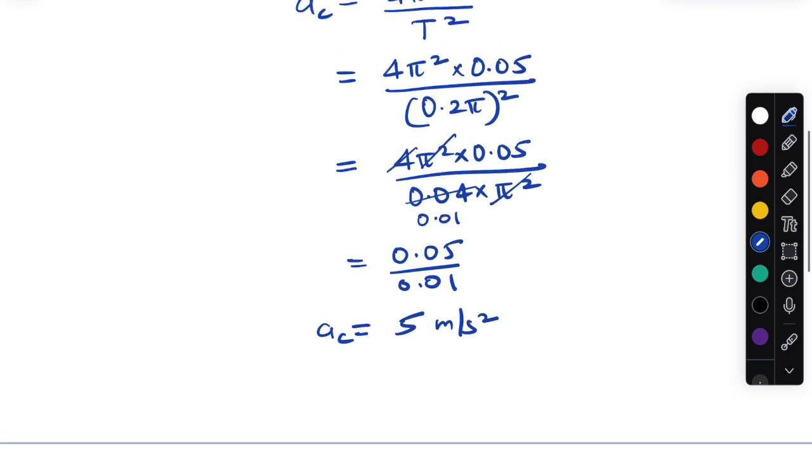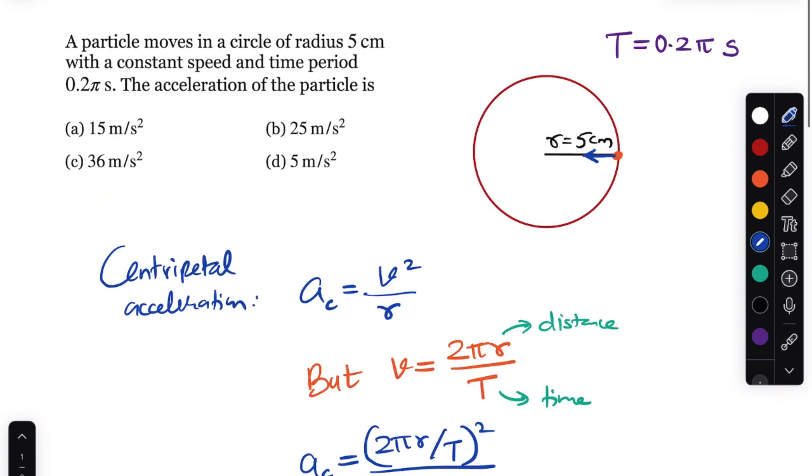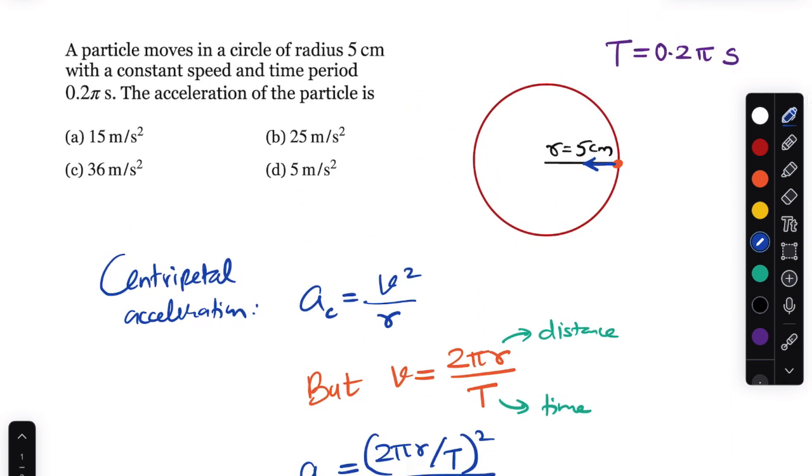Recall that acceleration is the rate of change of velocity. And so as the particle goes around in a circular path, its velocity changes constantly, and so there is that acceleration. So the correct option here is option D, which is 5 meters per second squared.